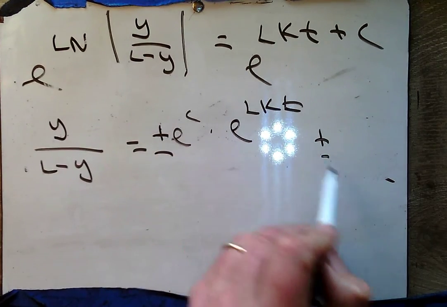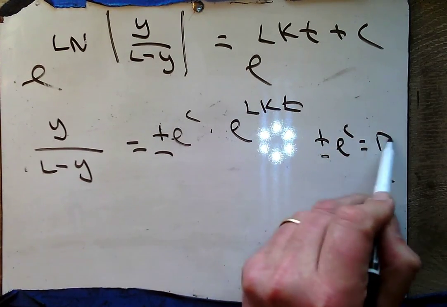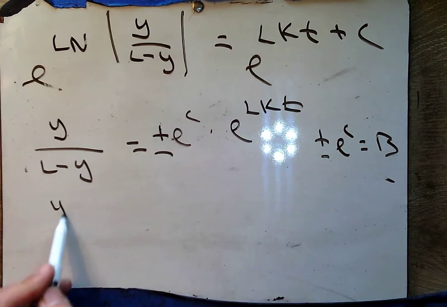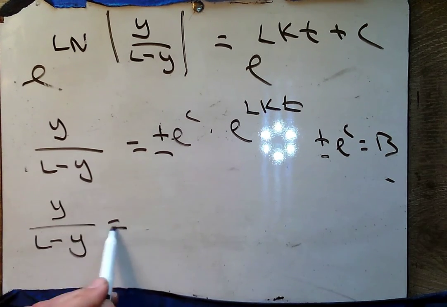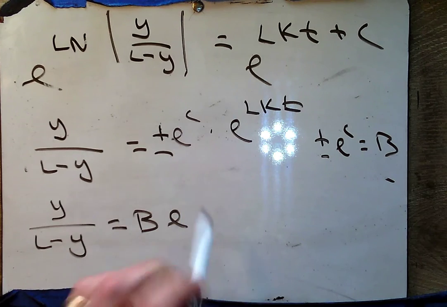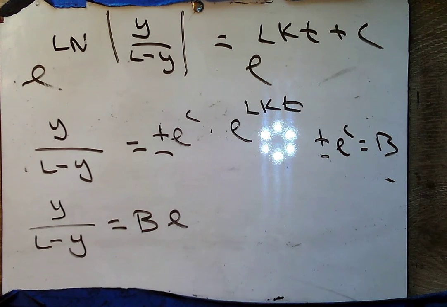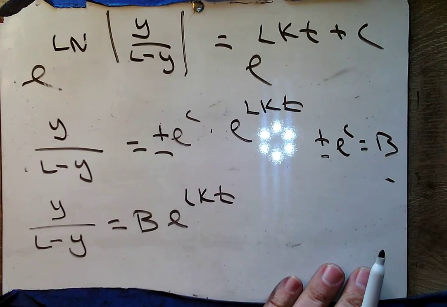So let's say that plus and minus e to the C is B. So I've got y over L minus y equals B e to the LKT. Oh, wait a second. I suddenly feel queasy. Do I feel queasy? I think I feel queasy. Let me think about this for a minute.